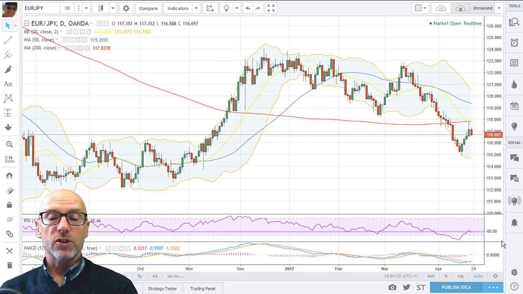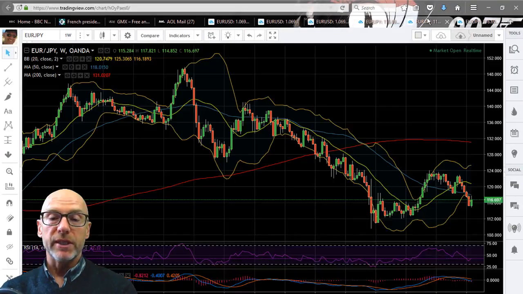RSI also still below 50, at 38.46, is bearish. And the MACD, although they've flatlined just recently, are showing negative momentum. So really, the resistance of the 20-day needs to be broken at 117.60 to maintain the upside, but the forces are downwards on the euro Japanese yen.